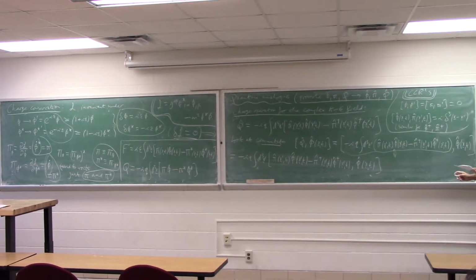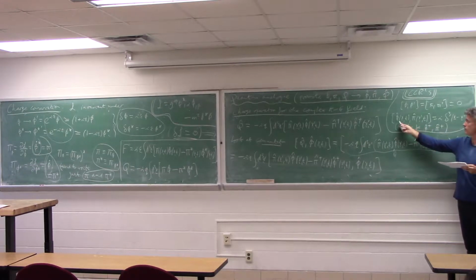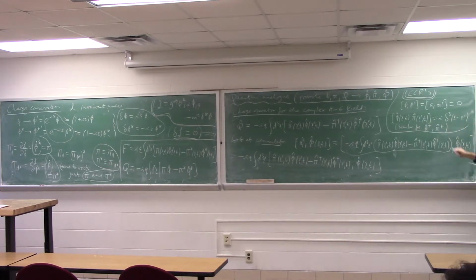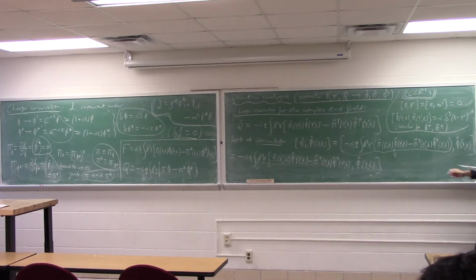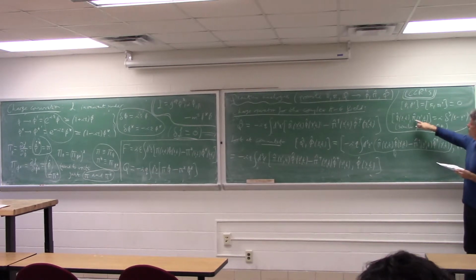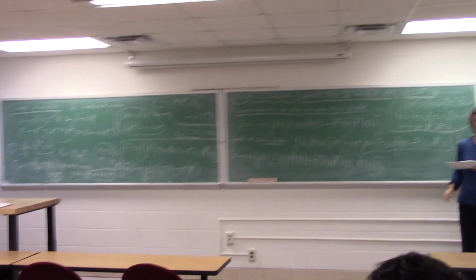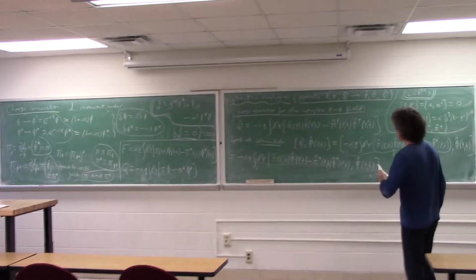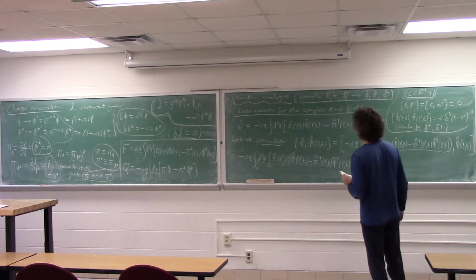For the field phi, the canonical commutation relation with its conjugate momentum is just this standard i times a delta function. Similarly, phi dagger with pi hat dagger has the same commutation relation, they're conjugate fields.